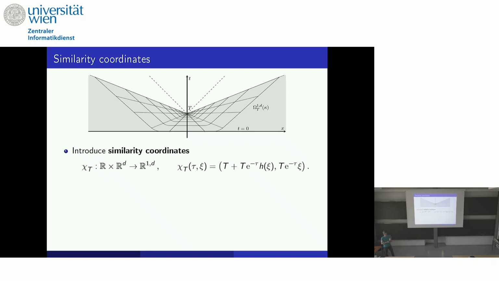similarity coordinates, a so-called novel set of similarity coordinates, which have fantastic features. They are really magnificent, I have to say. They are of this special form, and the only thing which determines the geometry of the coordinate system is the so-called height function h.